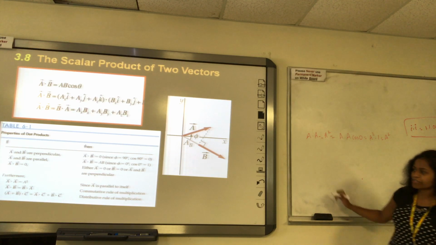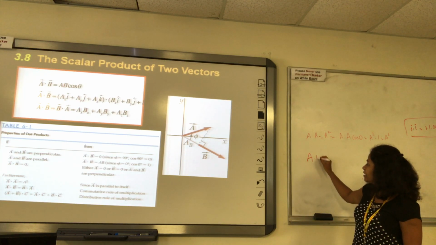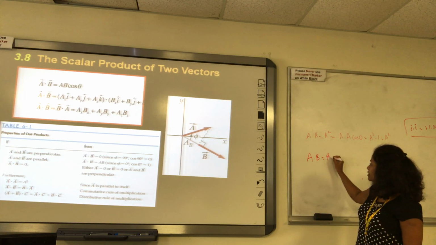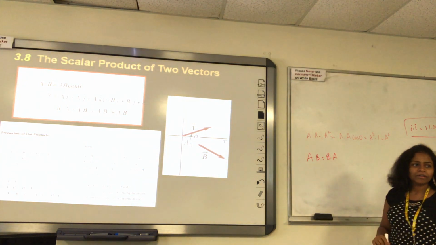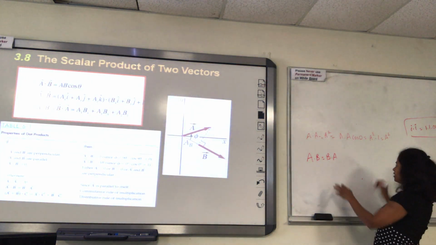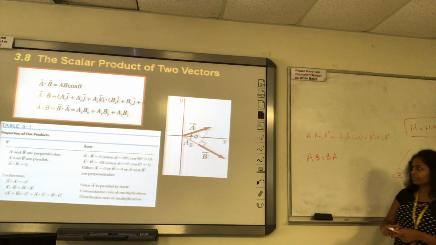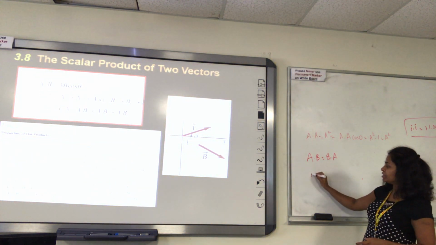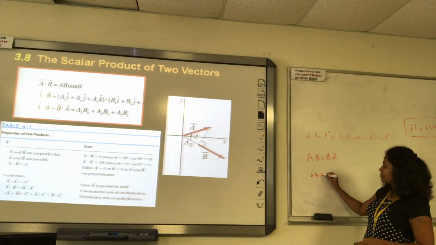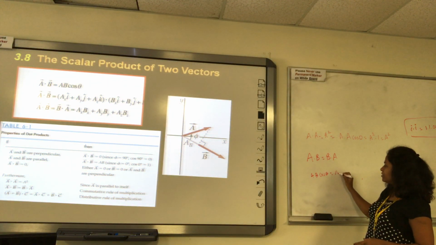And in a similar fashion, A dot B is exactly the same as B dot A, because the angle between this and this, whichever way you say it, is the same thing. So the answer for this one is AB cosine theta, and this one is also BA cosine theta, let's say.